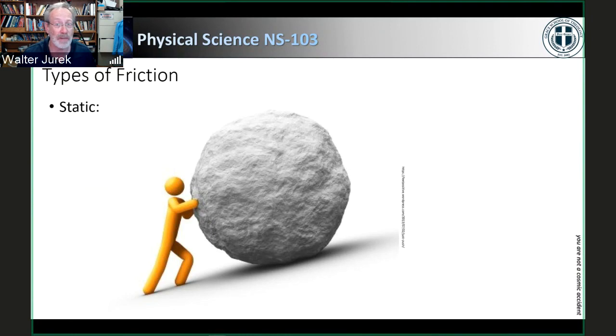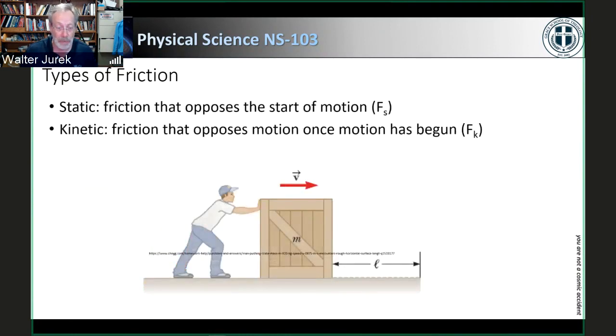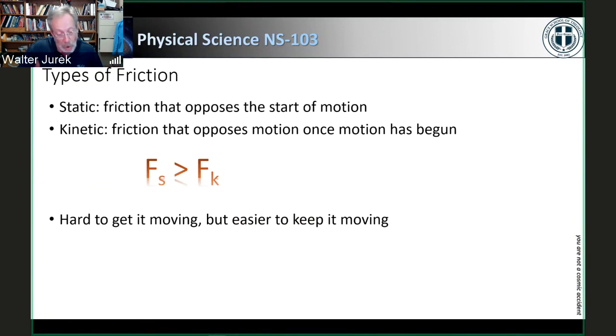And then you've got this stuff called kinetic friction, which is the friction that resists motion once it's started moving. Okay? And the static is always bigger than kinetic. That's why we've experienced that where you've got that heavy dresser or whatever it is, and you have to lean into it and you push on it and you push, and then finally it breaks free, and it's a whole lot easier to keep it moving than it was to get it started.